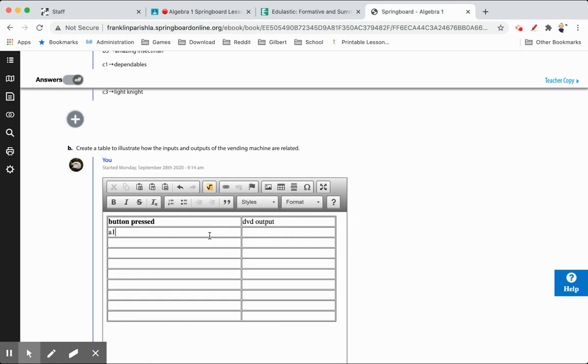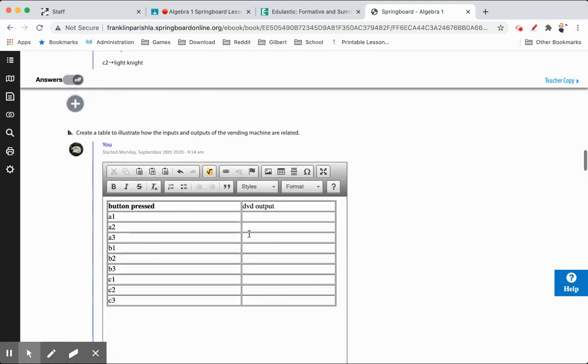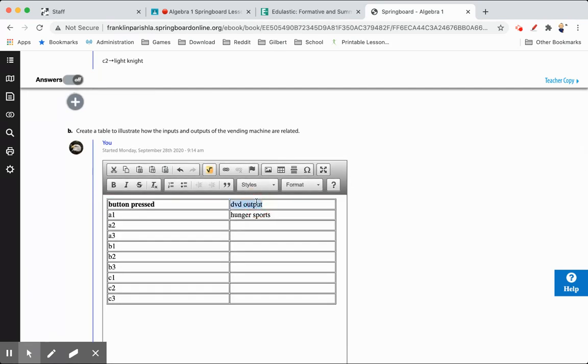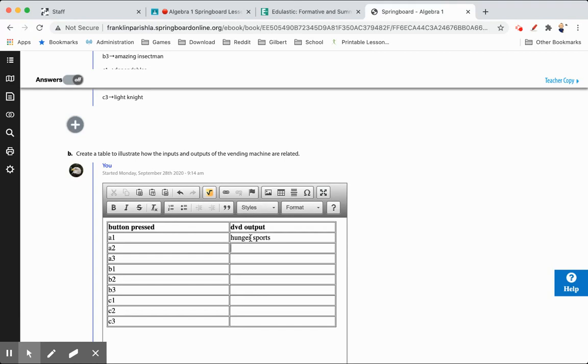So I press B1, B2, B3, C1, C2, C3. Sorry, start with A1, A2, A3. And then we get Hunger Sports, Revengers, Battle Sale.